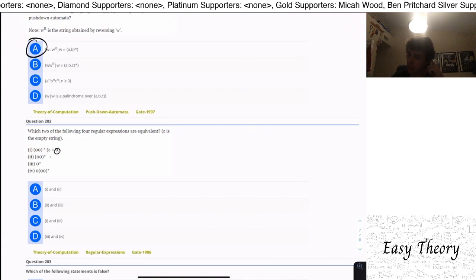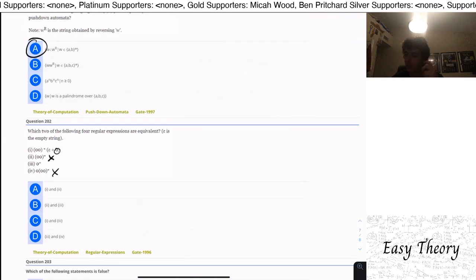So 2 is not considerable. 4 is not considerable again because of the empty string, so the answer is 1 and 3. And the reason is that any number is either an even number or an even number plus 1. So get an even number, any number you want, plus 0 or plus 1.